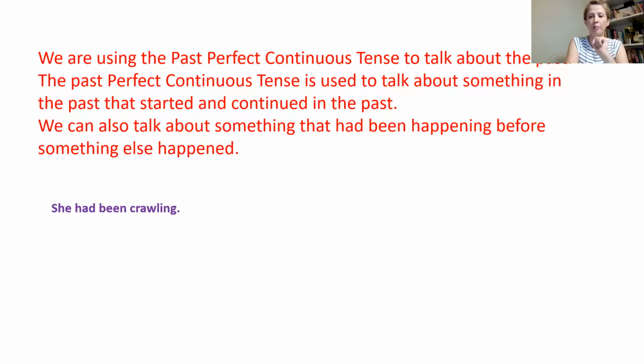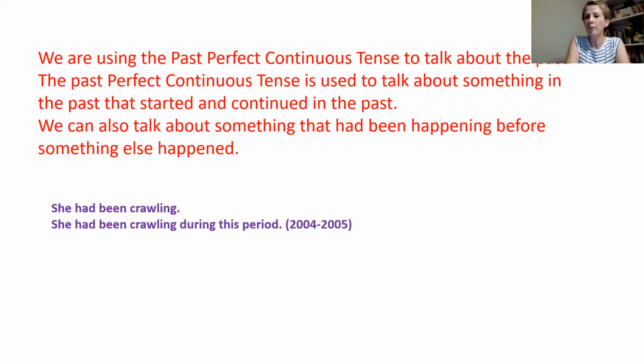There was a picture of a baby who was crawling, right? Also, we can talk about a period when something happened. The period from 2004 to 2005. What had she been doing in that time period? She had been crawling during this period.